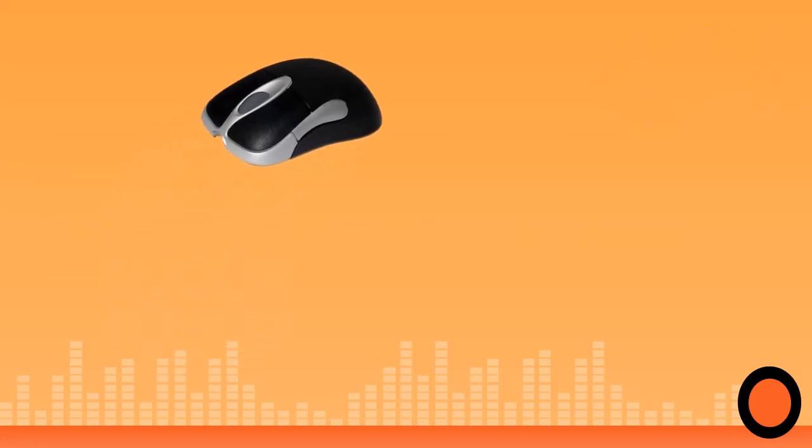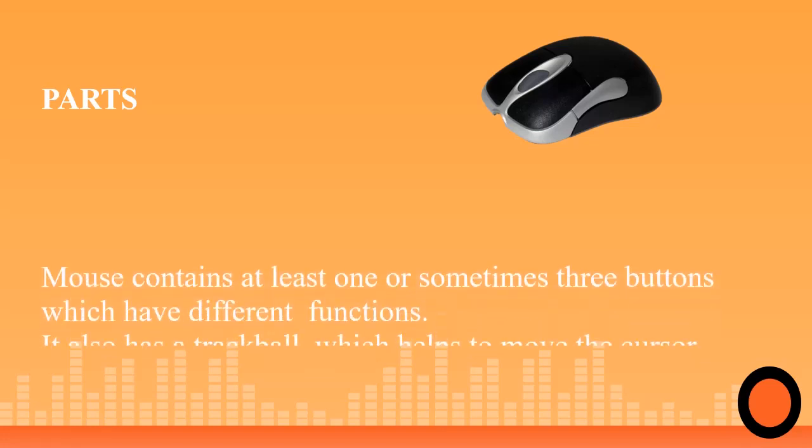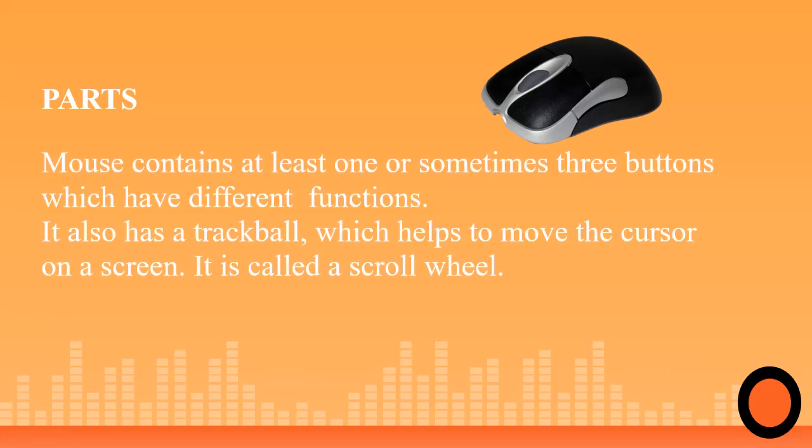There are some things you already know about the mouse. It is an input device. It is used to move things on the computer. Let us now discuss more about these. We will start with the parts of a mouse. A mouse contains at least one, or sometimes three, buttons which have different functions.